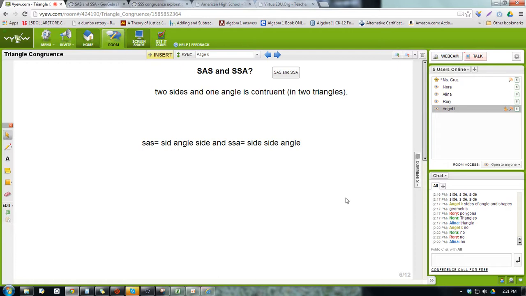What I saw was, when you put it at a certain angle, you couldn't see where the congruence was, and it was weird. I thought it was weird when it was on the SSA. Mm-hmm. And what happened on the SSA?